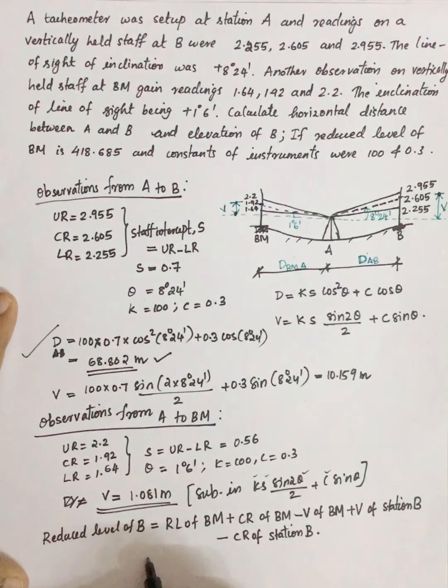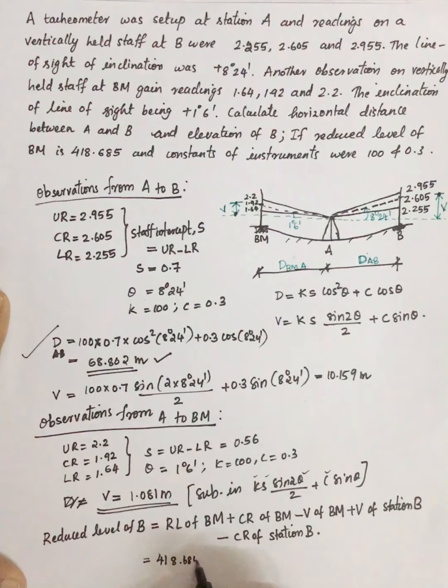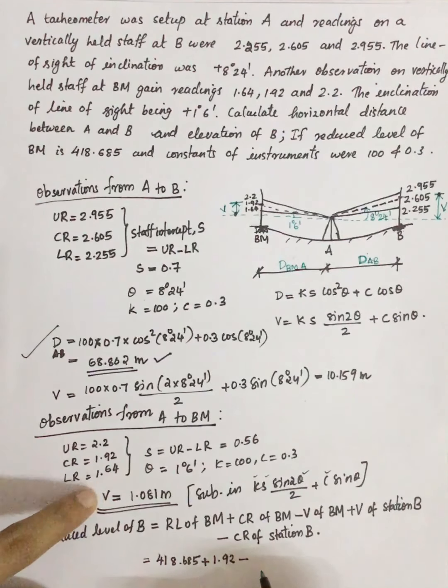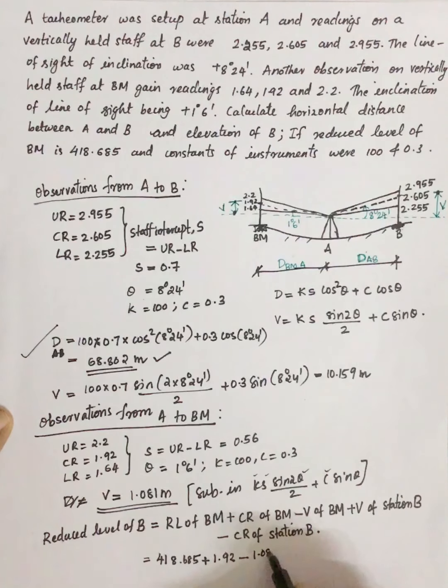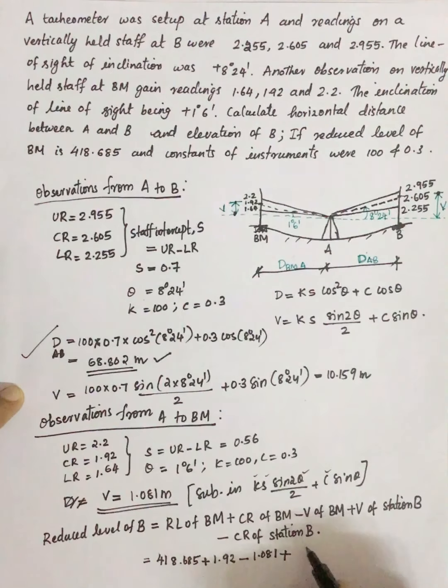Okay, so when you substitute the values, the reduced level of benchmark is already given, 418.685 plus the central reading of the benchmark, that is 1.92, right? Minus V of benchmark, we already calculated the V of benchmark as 1.081, okay, plus V of station B. V of station B is 10.159.